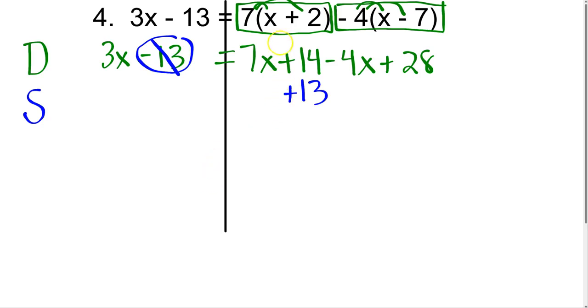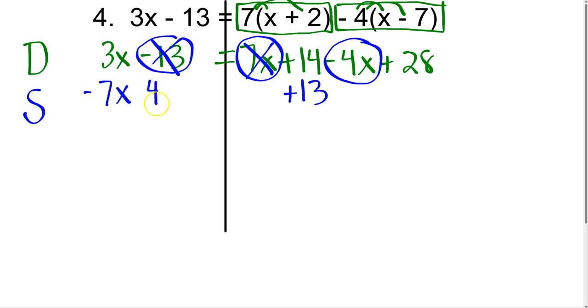All right, and so now I have some terms on the right that are variables that I'm going to move over. So I have 7x. If I move this over here, I'm going to put it right underneath negative 7x because it crossed the line. And I'm going to take my negative 4x and move it over here. So this is going to be 4x positive.